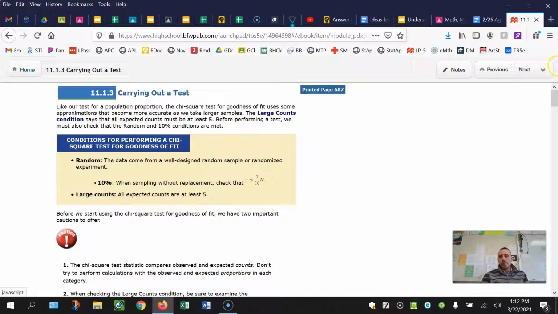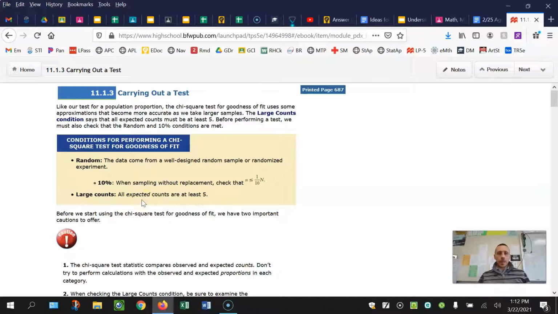Pardon my yawn. All right, getting into the actual test itself. We already did the state step earlier with the hypotheses. The plan step, 3 conditions, as always: random, 10%, and large counts. We're back to counts because we're talking about a categorical variable, but we're looking at the entire distribution. So now this is not going to be 10 with n times p.